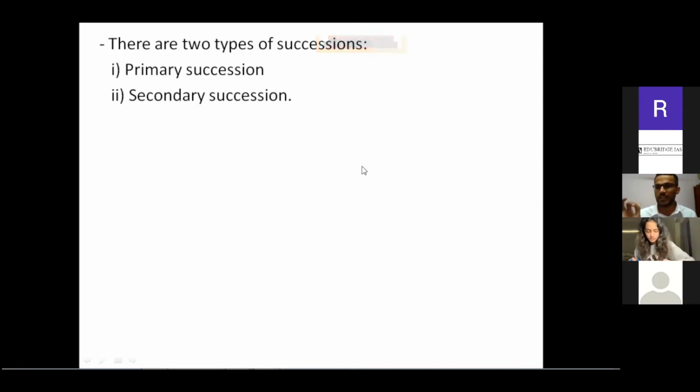Right? And what is pioneer species? Pioneer species is the first species to colonize a lifeless habitat. So if you want to mention it under the first point of your flowchart, you can mention pioneer species is the first species to colonize a lifeless habitat.